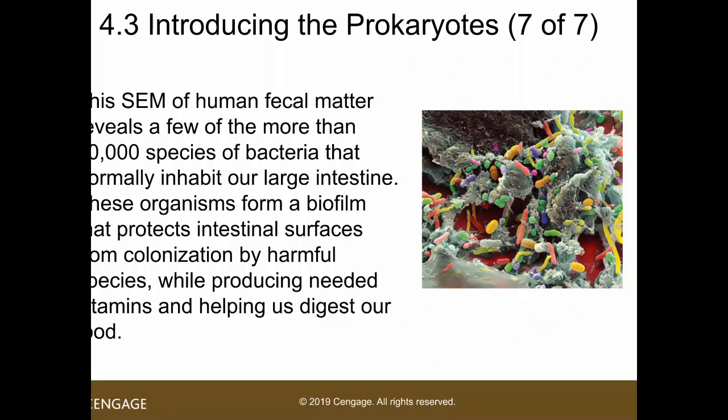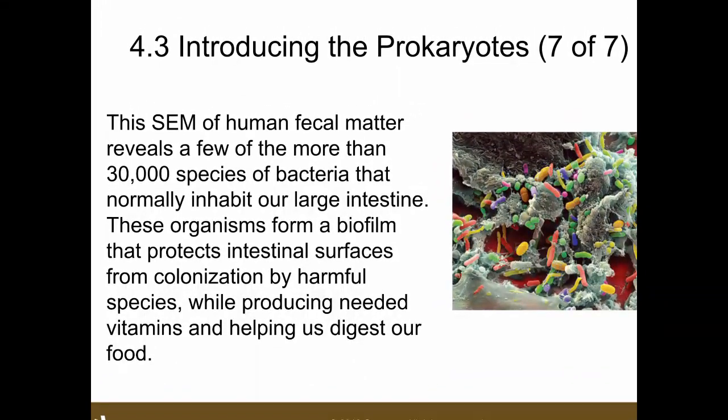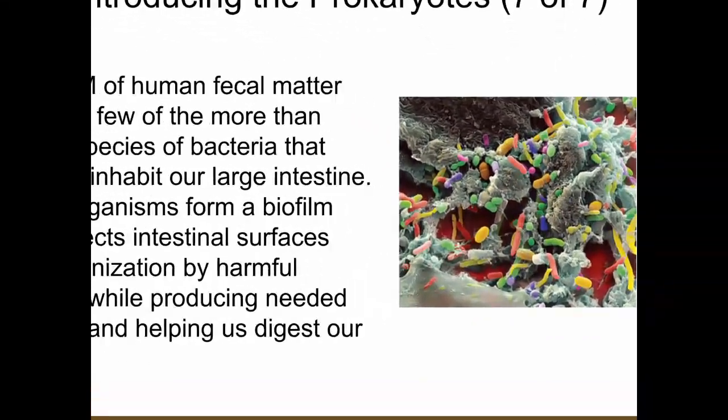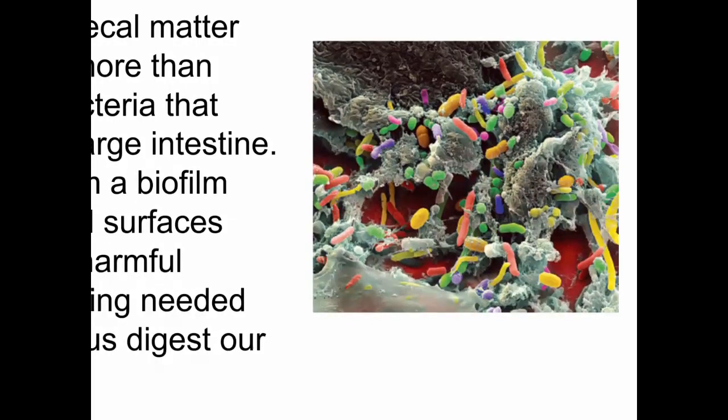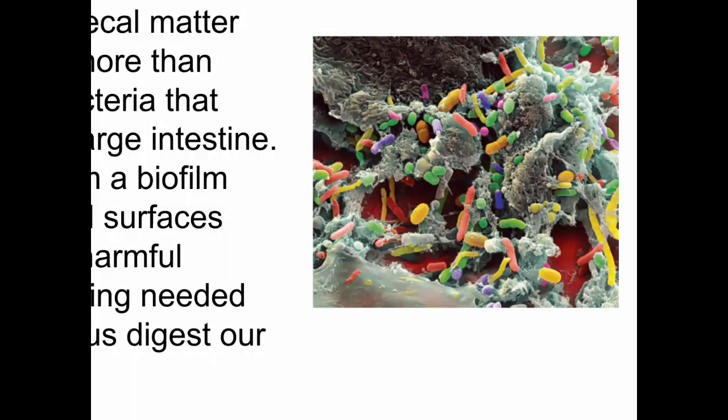Basically, your large intestine is home to more than 30,000 species of bacteria. There has been an effort to identify those bacterial species. I think it's called the Microbiome Project. It's recently been found that your microbiota can have an indirect relation to your health, especially in resistance to certain diseases.